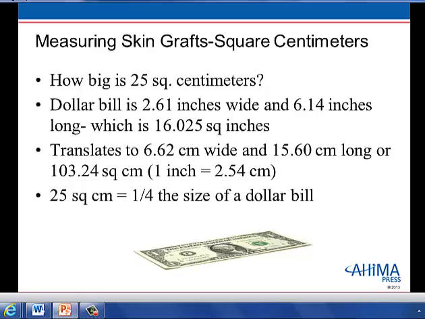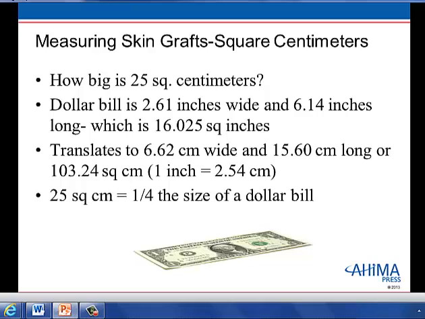Measuring skin grafts in square centimeters. How big is 25 square centimeters? As a visual aid, the dollar bill is here to assist you. The slide here shows that a dollar bill is 2.61 inches wide and 6.14 inches long, which is 16.025 square inches.